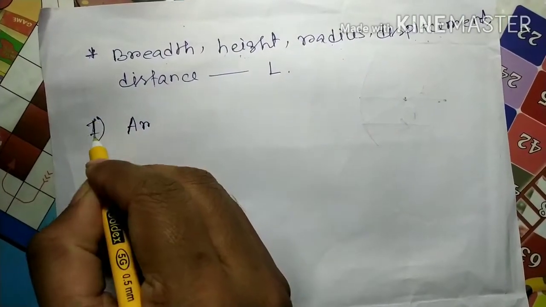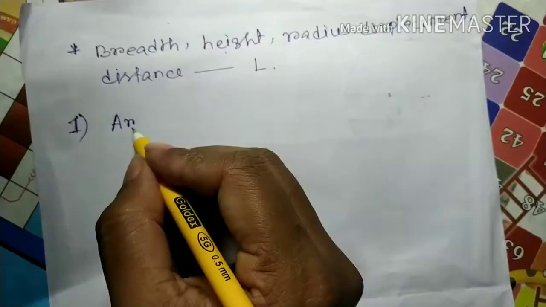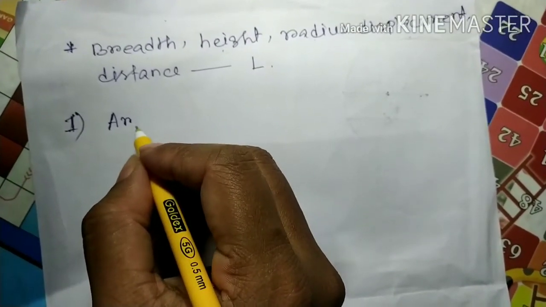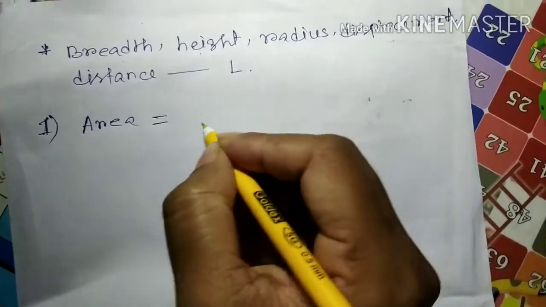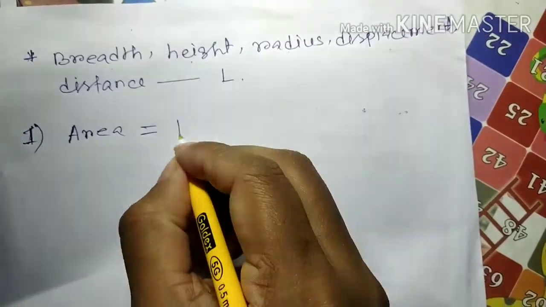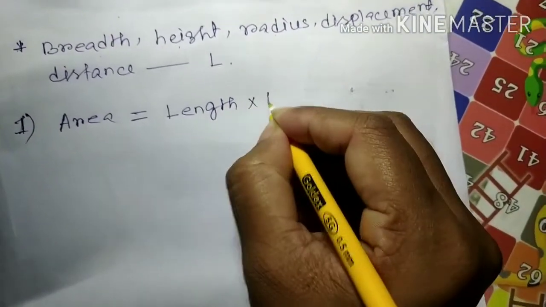Okay, so number one, what is the dimension formula of this physical quantity? Area. Area, its formula we know, that is length into breadth.